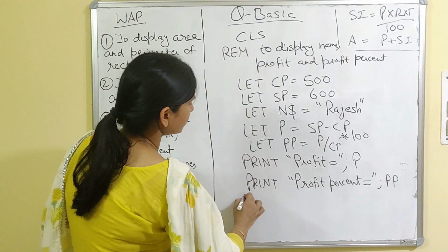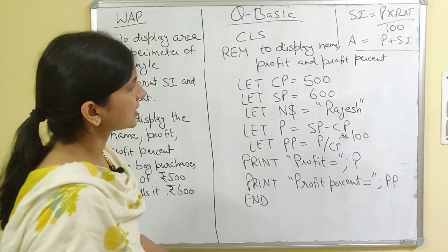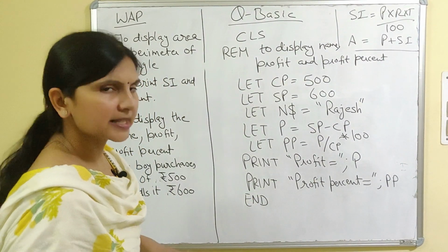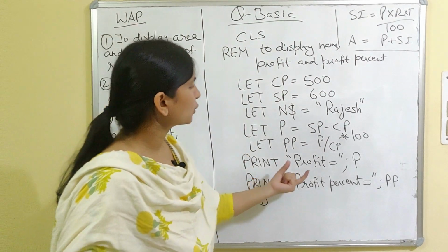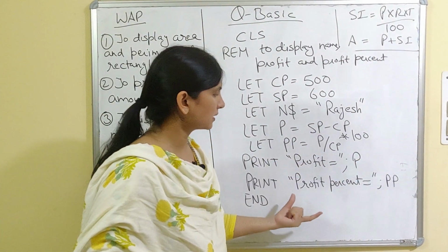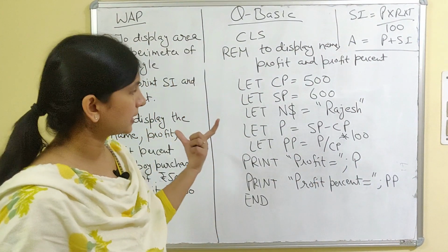Fine. And then we will end the program. So this is a small program, very easy program. Fine. When you run it, it will show you profit equals to whatever the amount and profit percent equals to amount. And how will you run it?